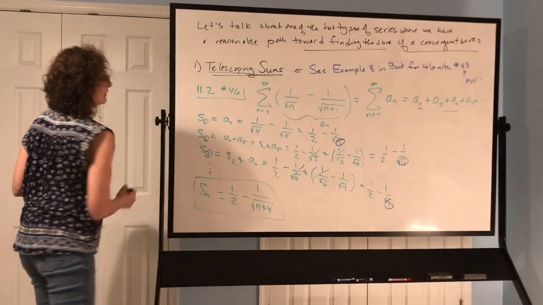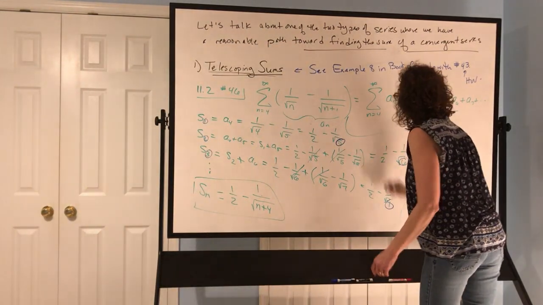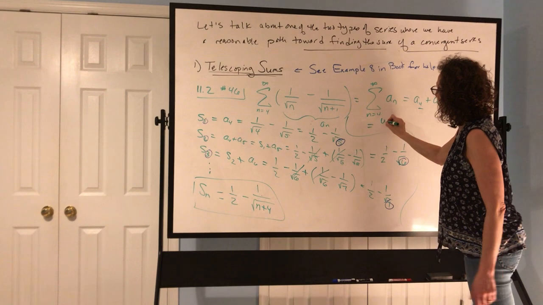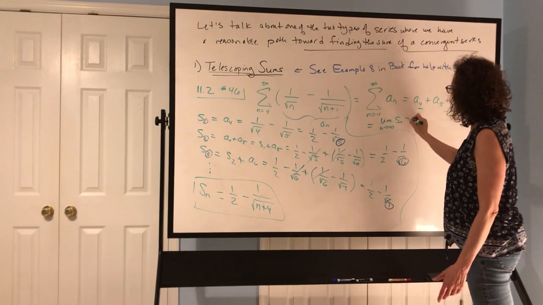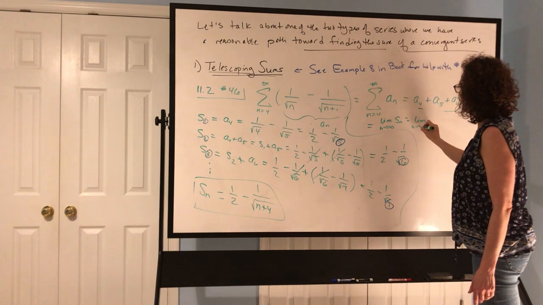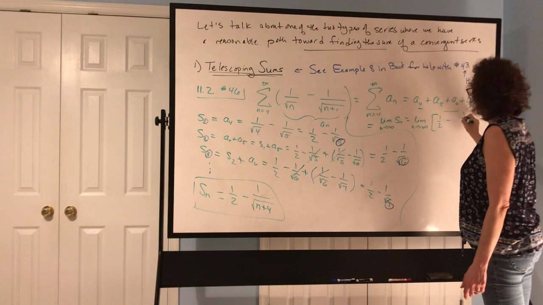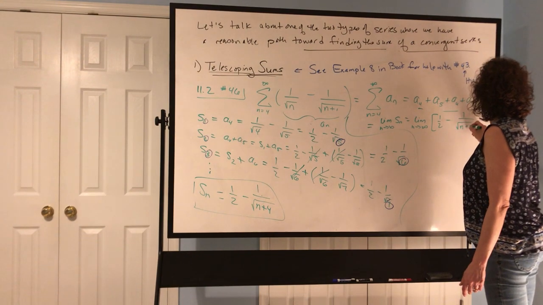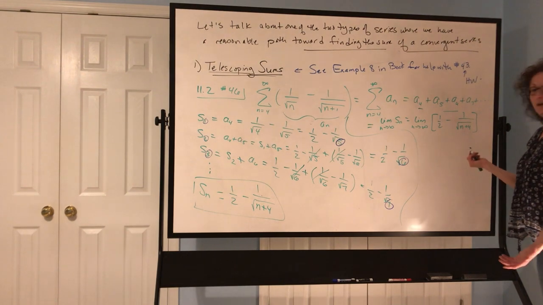What do I do with it now? The sum of the series is the limit as n goes to infinity of S sub n, so that's the limit as n goes to infinity of 1/2 minus 1 over the square root of n plus 4. Can we find the sum of this series? Yes, indeed.